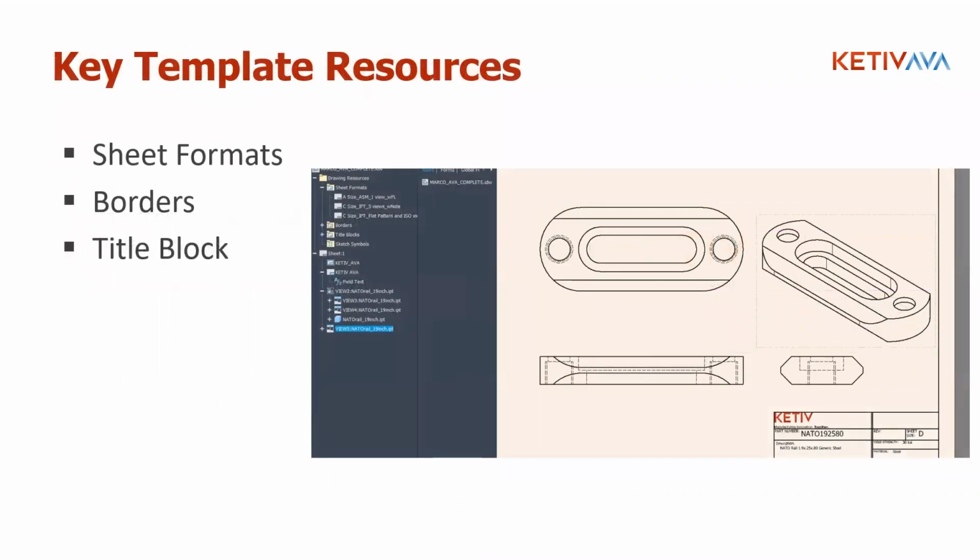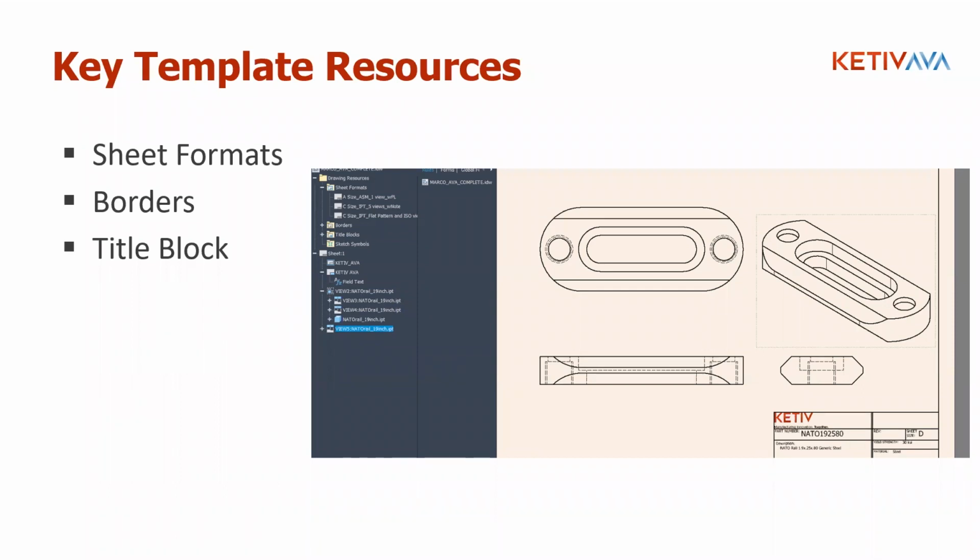So there are three key elements to a good template. It's going to be your sheet formats, which allow you to quickly place your views or your parts, and place your borders, title blocks, and some of your views as well. It gives you a nice base to work off of. Your borders are really good for margins.